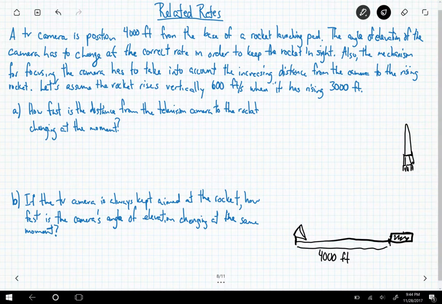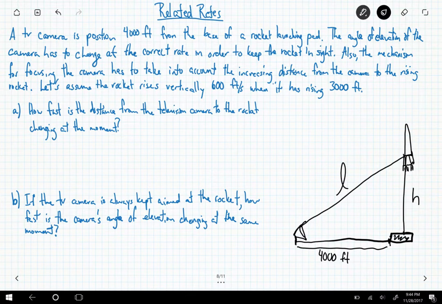So this height, which we'll call h, is changing. And then this distance here, I'll just call it L for length. Usually a lot of people like to use D, but D is going to be used for derivatives at times in these, so that's why I'll just use L instead. But if you want to use D, go for it.